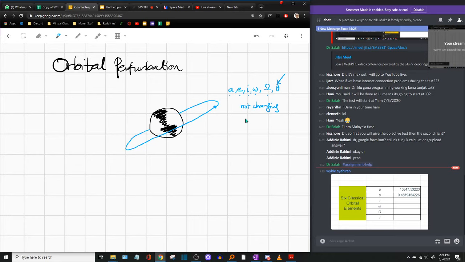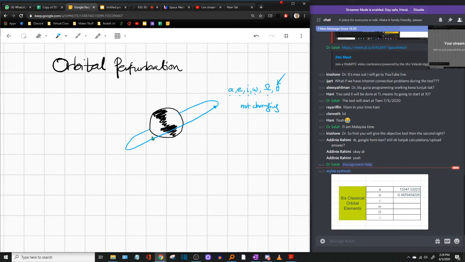But the truth is, there are still small forces in space that act on our orbit, small forces that push our satellite a bit by bit.